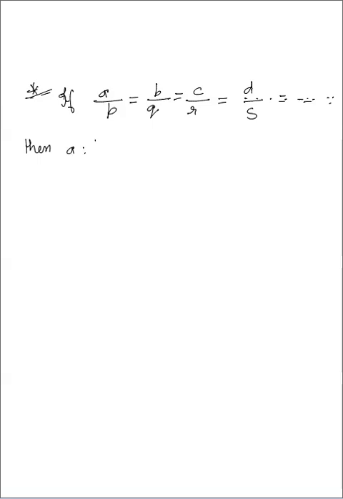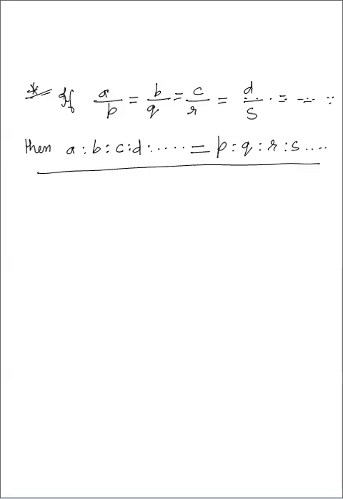A is to B is to C is to D is equal to P is to Q is to R is to S continuous. Okay, so this thing we can apply in many of the questions they are asking.